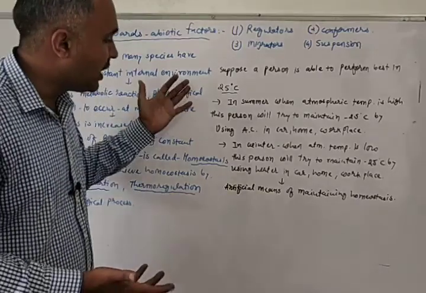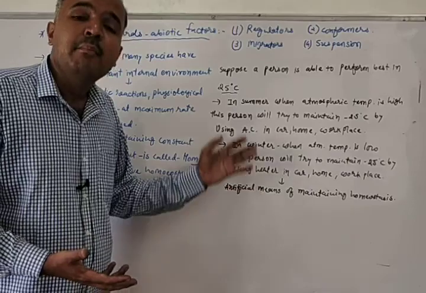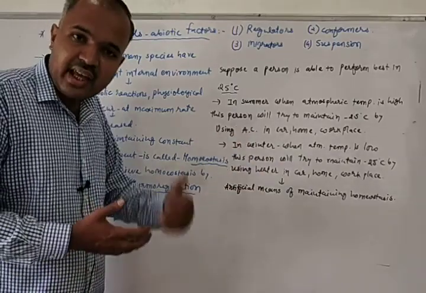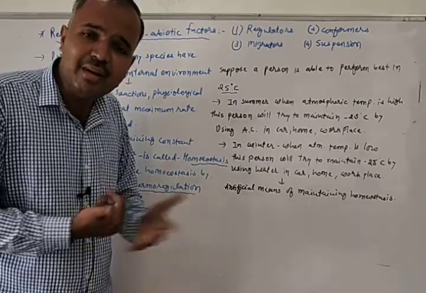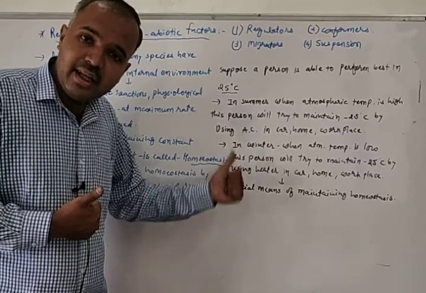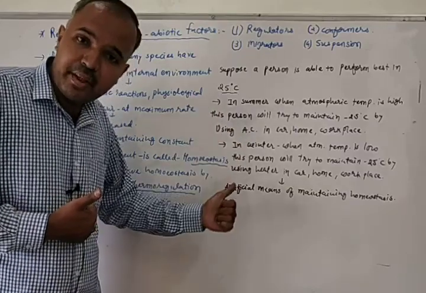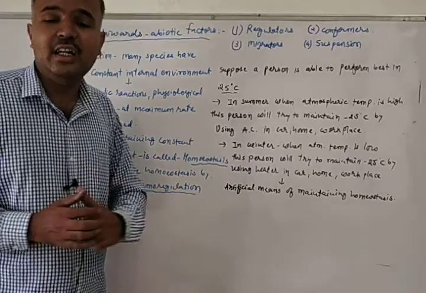So here he is trying to maintain a constant temperature by using artificial means. AC is nothing but an artificial means. He is maintaining a constant temperature in summer as well as in winter by artificial means.